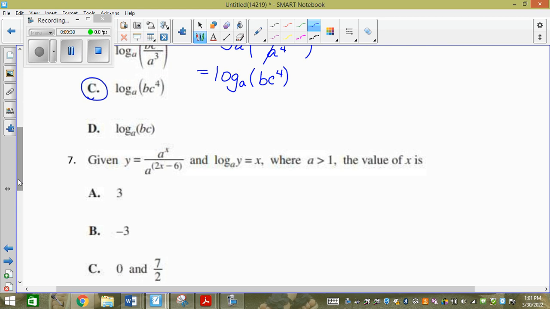Exactly. So we're going to go y equals a to the x over a to the 2x minus 6 is a to the x, and then we have to subtract. So I'm going to minus the 2x, and I'm going to minus the negative 6, which is actually plus 6. So I have y equals a to the negative x plus 6.